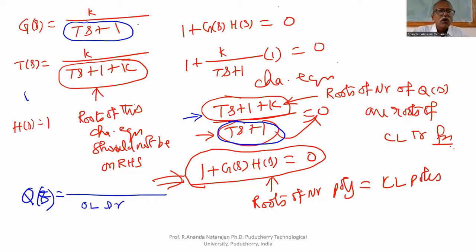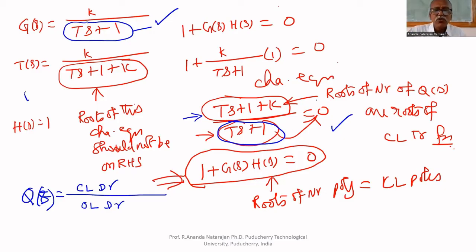Because the open loop denominator of this and this are the same. In 1 plus G of S H of S, the open loop denominator and the G of S denominator are the same. So the denominator is the open loop denominator. But the numerator is what? Closed loop denominator.